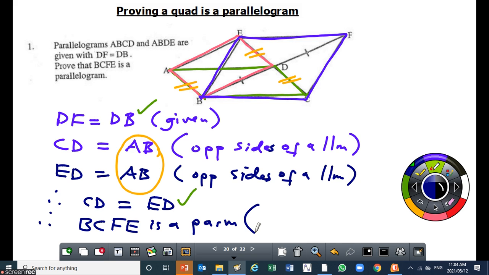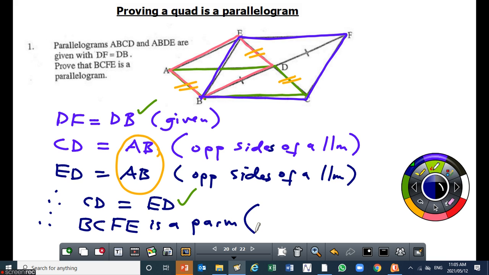My reason will be converse. By converse, we are saying the original property of the parallelogram is that the diagonals bisect. Now we are saying if the diagonals bisect, it therefore means that the quad is a parallelogram. So we have to put the word converse.